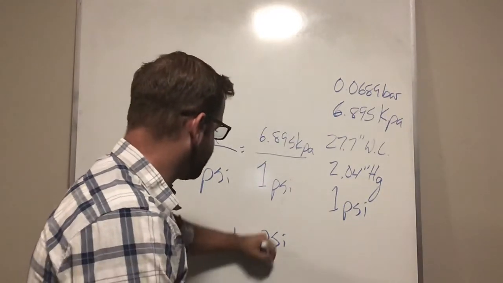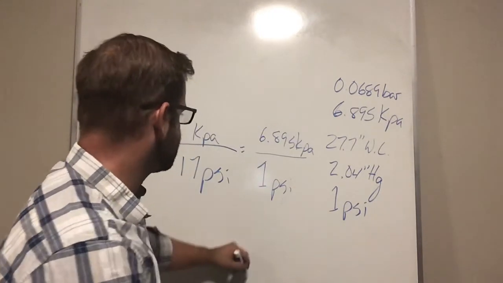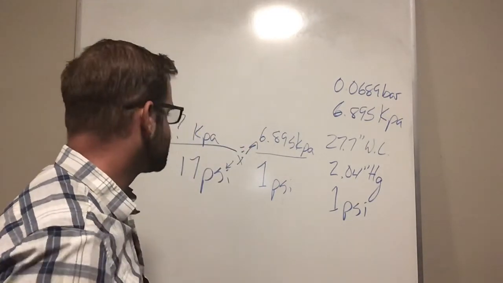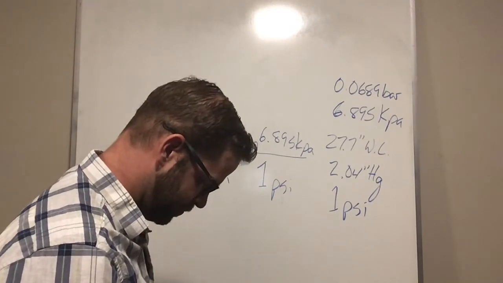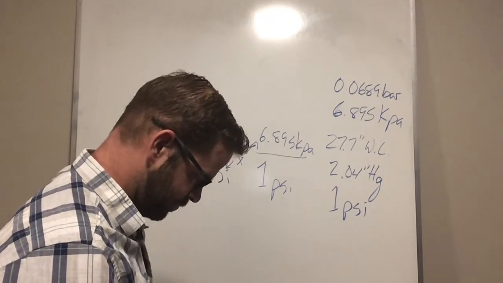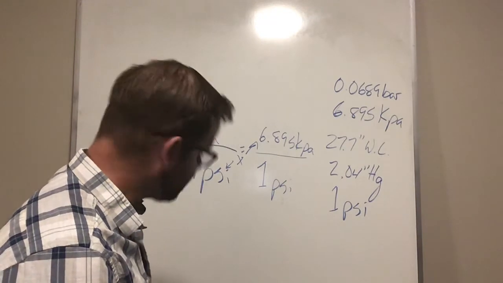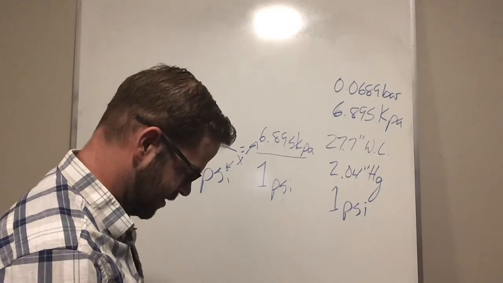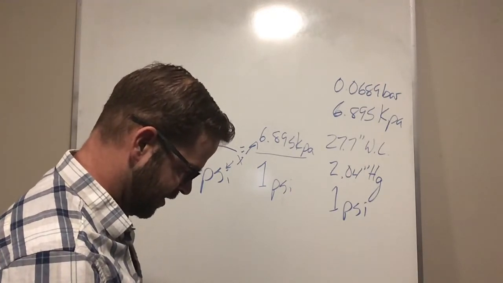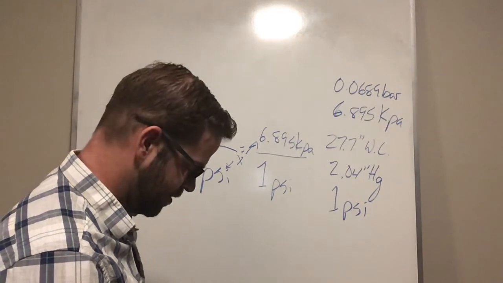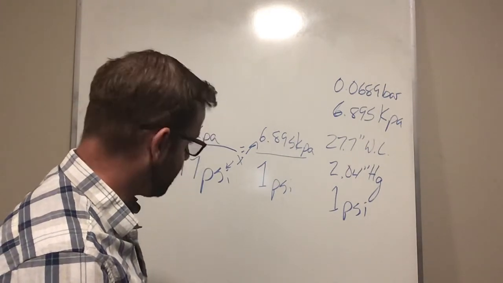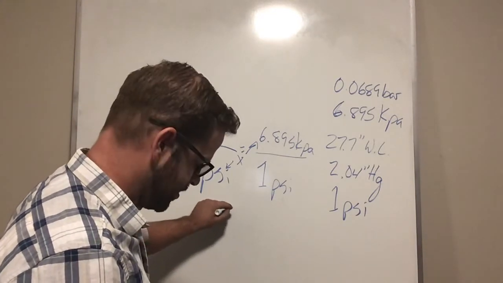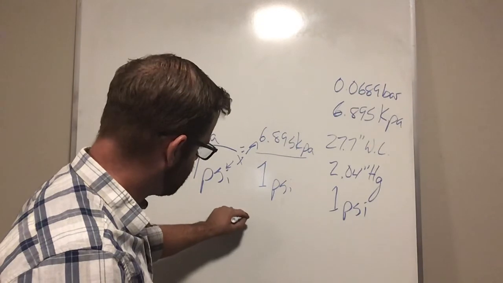So we multiply across the things that we have. So 17 times 6.895 kPa, and then that gives us a value of 117,215.